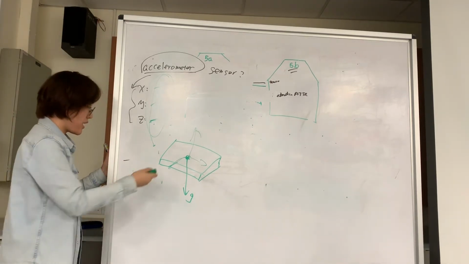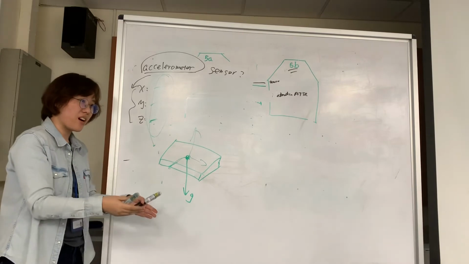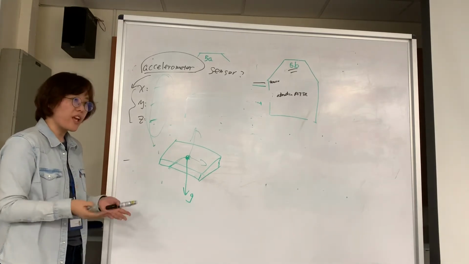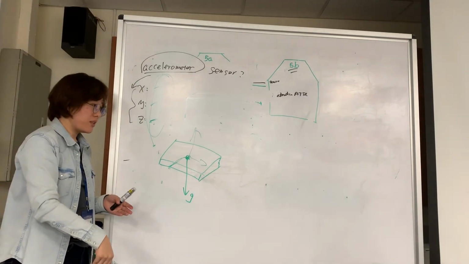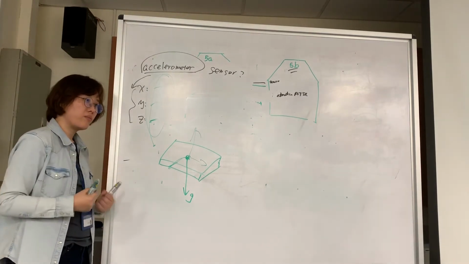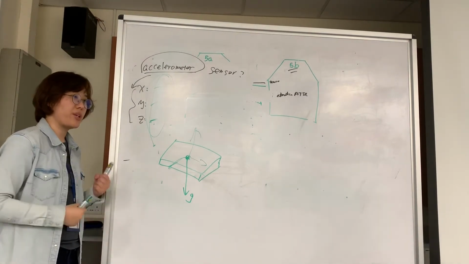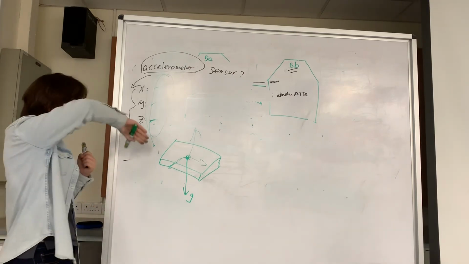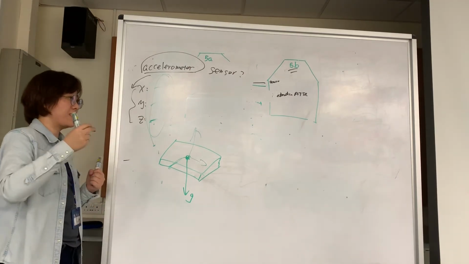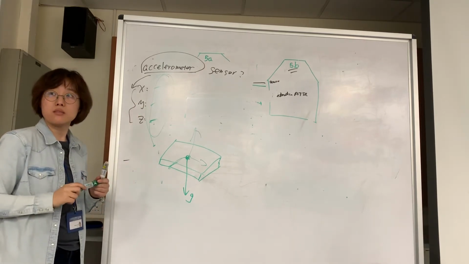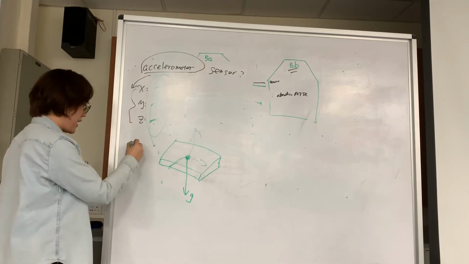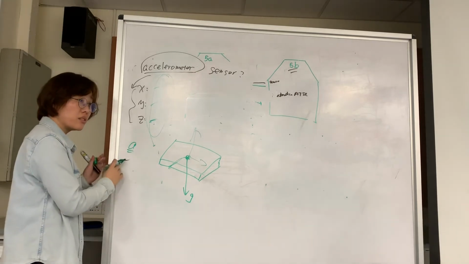Just as I said, when you are standing here without moving, you are experiencing g. But if you are running at a constant speed, or running with accelerating speed, all these are related to physics, right? It's about a now, acceleration.